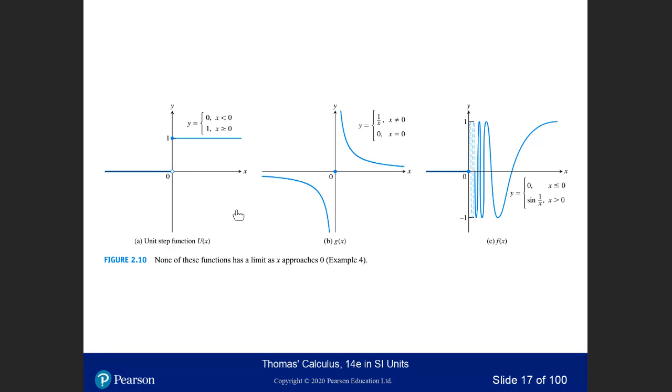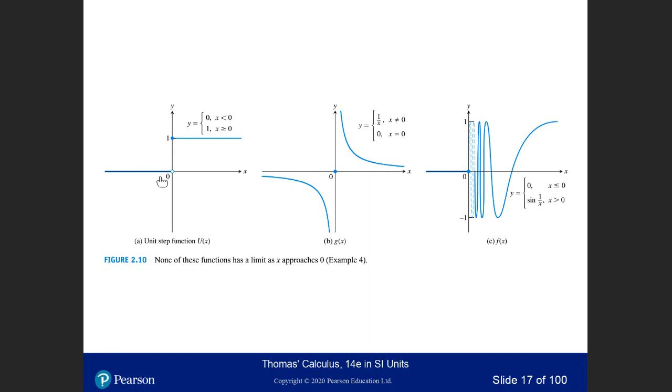Now, in certain cases, a function may not have a limit. And the first example is this function. Y is equal to 0 if x is negative. Y is equal to 1 if x is positive or 0. So as you can see here, when you approach 0 from the right-hand side, the limit is 1.